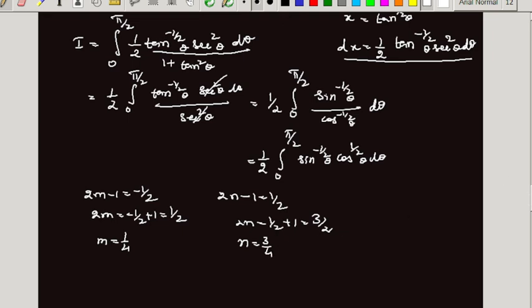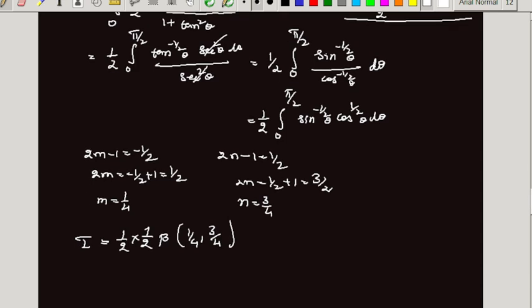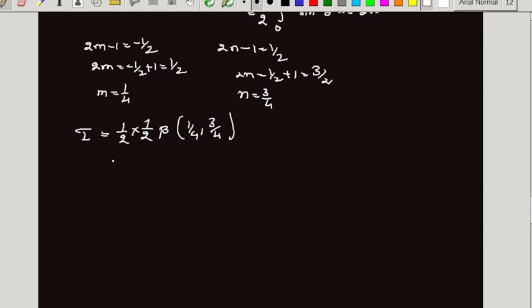So we substitute here. We can write it as 1/2 already there, and this one we can write it as 1/2 of beta of m, m is 1/4, n is 3/4. So we substitute in gamma function, gamma 1/4 into gamma 3/4 dividing by gamma 1/4 plus 3/4.